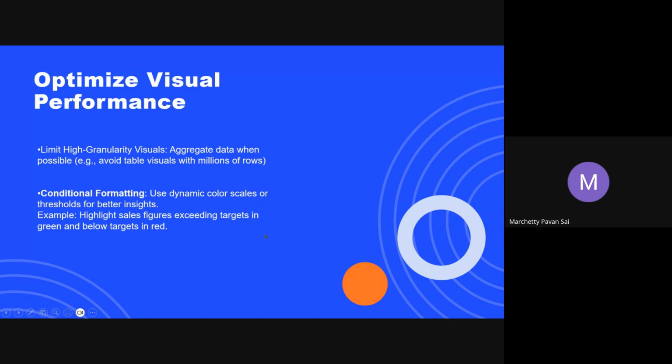Next is something called optimizing visual performance. Suppose the user wants to see a tabular visual just to refer to within Power BI. You should not blindly bring all the million rows into Power BI and drop them into a table visual or matrix visual. If the user wants to see only particular columns and particular aggregated data, then it is better to aggregate.